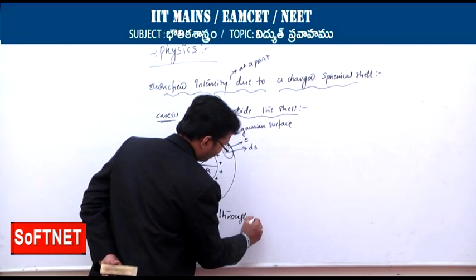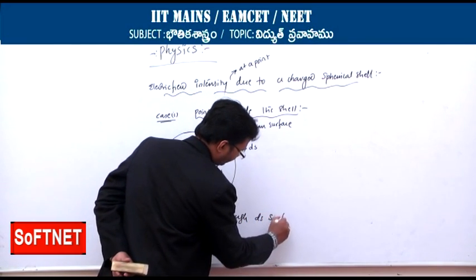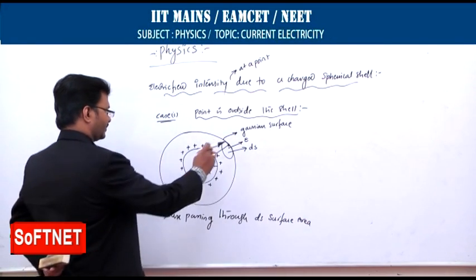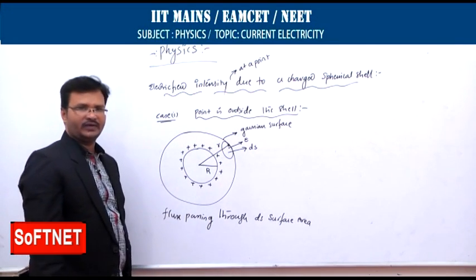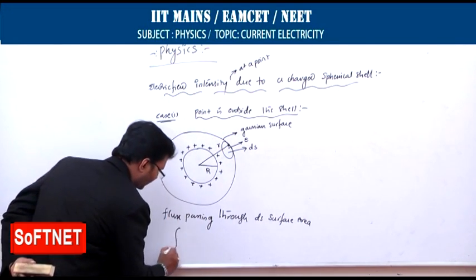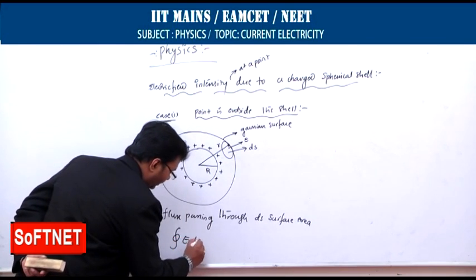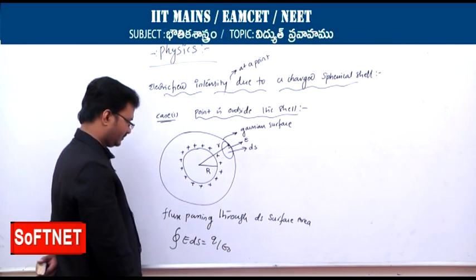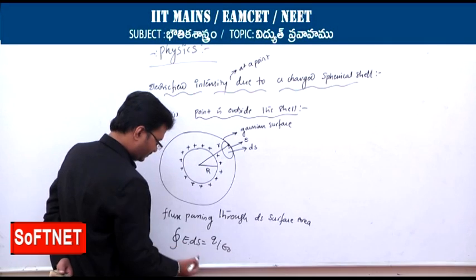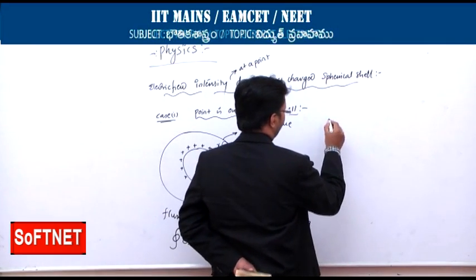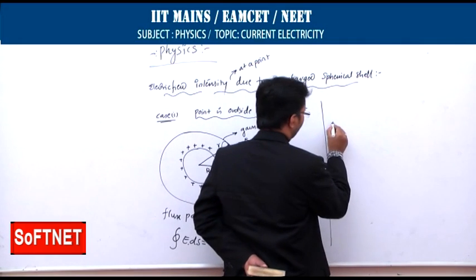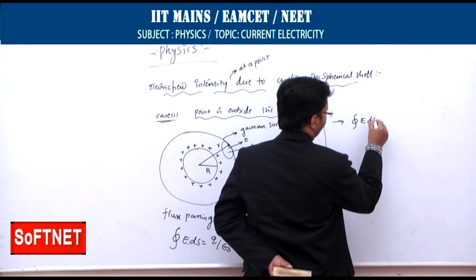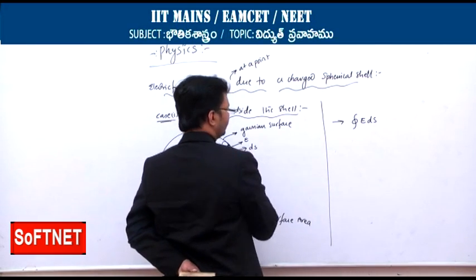Now, first the flux passing through this surface. The flux passing through ds surface area we need to find out. So, apply Gauss law. Already we know the closed integral of E dot ds is equal to Q by epsilon naught. E ds cos theta, theta is 0.